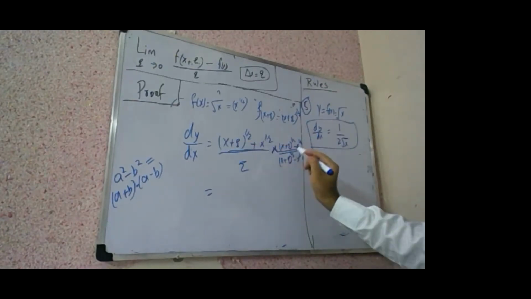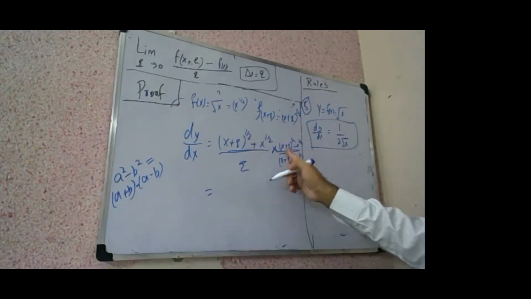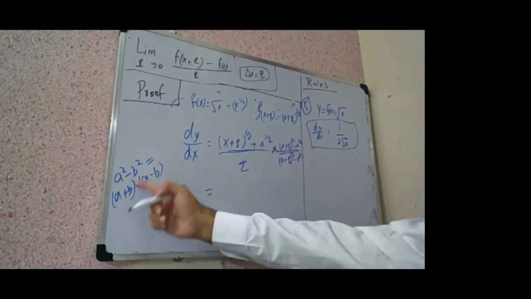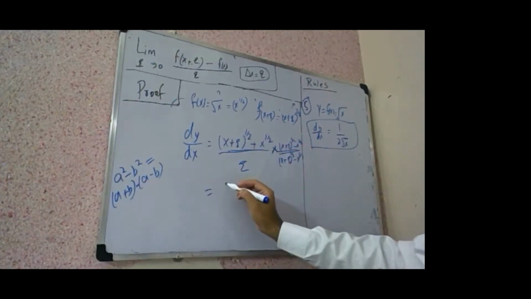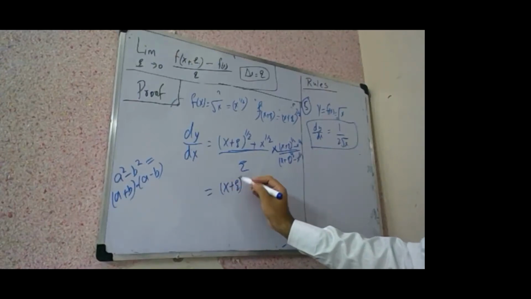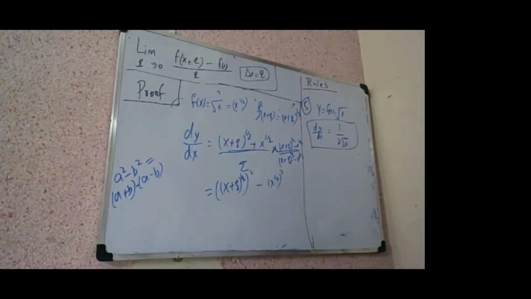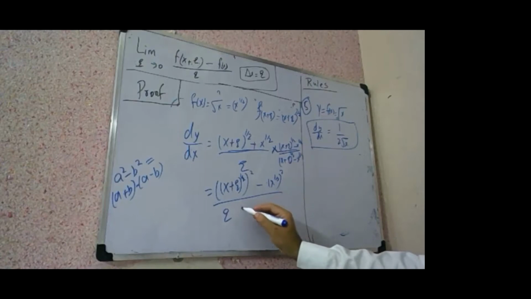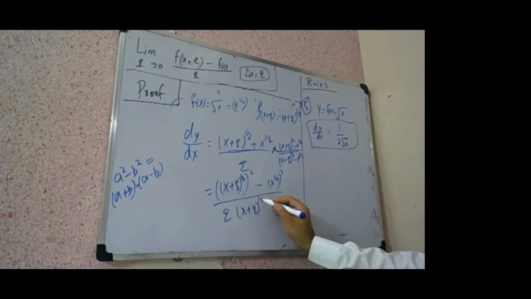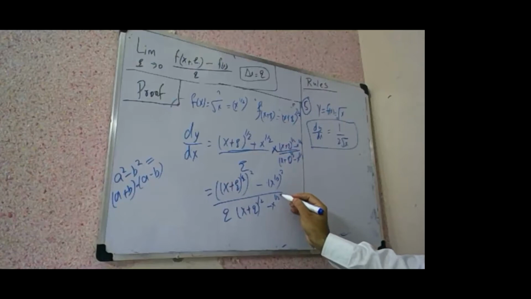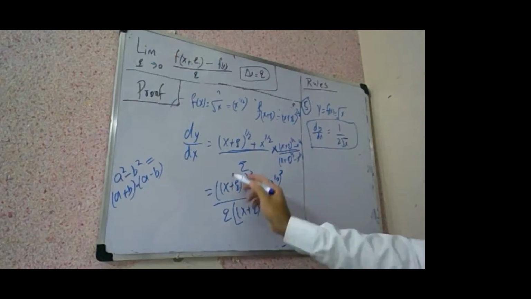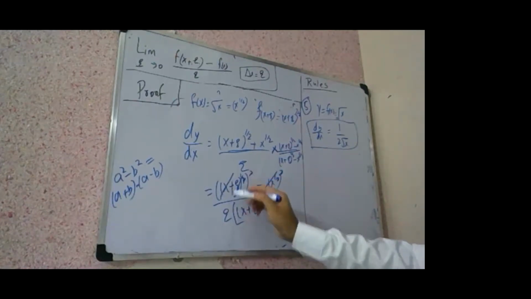Now the above equation can be solved. This is a, this is b, this is a, this is b, and they have plus. So (a plus b)(a minus b) equals a square minus b square. So can I write (x plus epsilon) power half, and this is square, minus x power half square, upon epsilon, which gives us, below, half times 2 minus half times 2. So this will cancel out, this x will be cancelled with this x, and this epsilon will be cancelled with this epsilon.